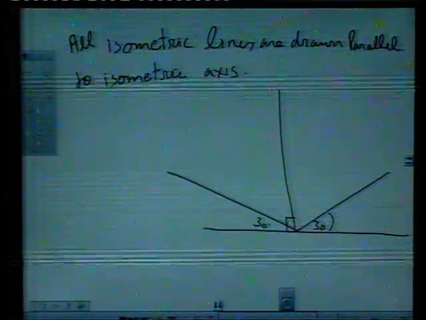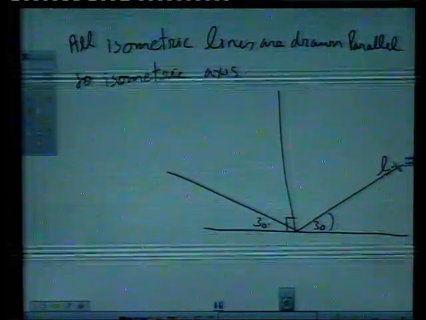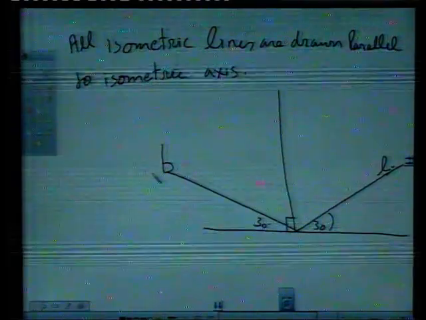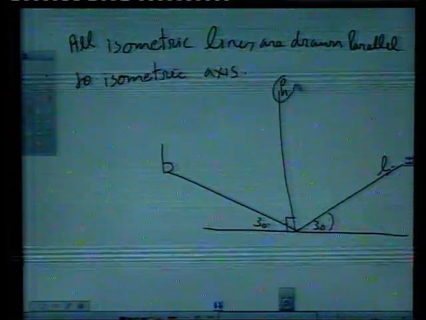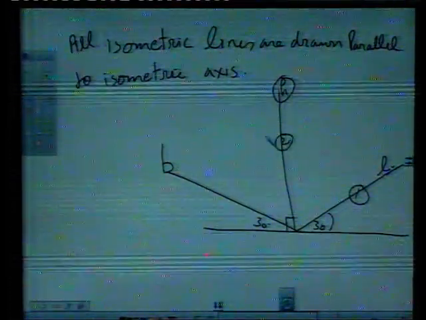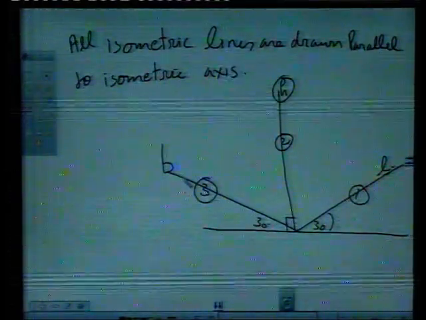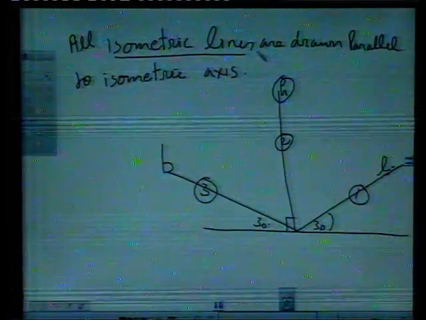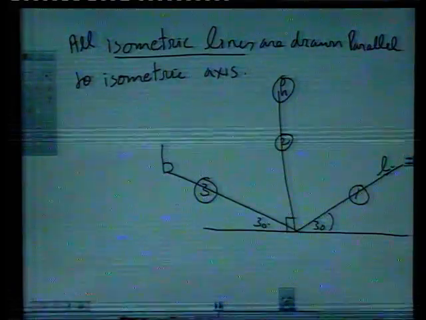This is one isometric axis for length, this is the second isometric axis for breadth, and this is the third isometric axis for height. This 1, this 2 and this 3. These 3 are isometric axes, and all the isometric lines are drawn parallel to these 3 edges.